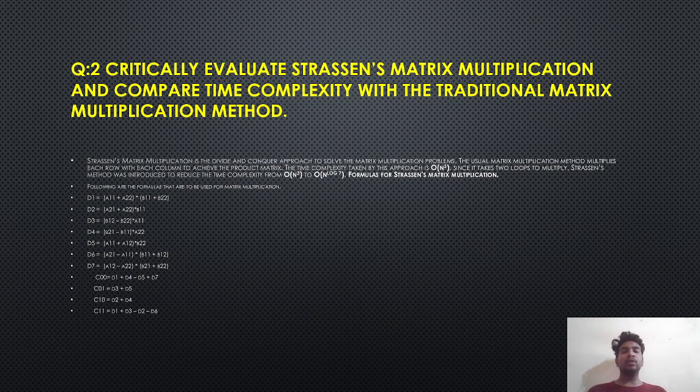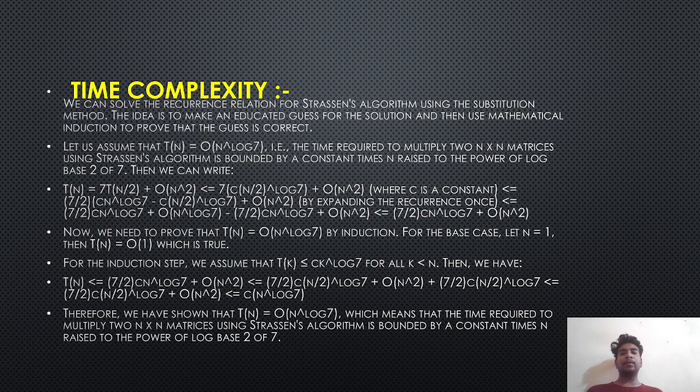Strassen's method was introduced to reduce the time complexity from O of n to the power 3 to O of n to the power log 7. So here are some formulas used to multiply the matrix. Now, for the time complexity, we can solve the recurrence relation for the Strassen algorithm using the substitution method.